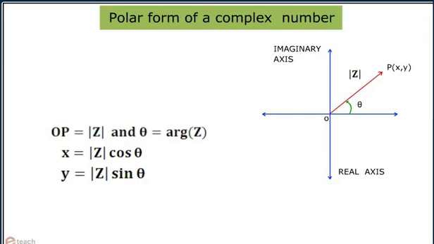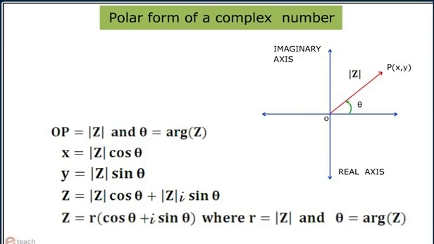Therefore, z equals mod of z into cos theta plus mod of z into sin theta iota, or we can say that z equals r times (cos theta plus iota sin theta), where r equals mod of z and theta equals argument of z.